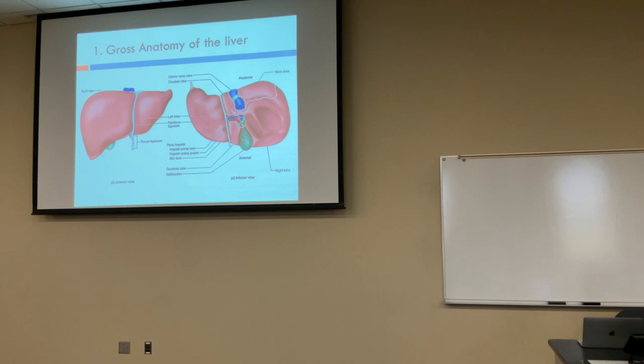To see the smaller lobes, you have to look at the inferior side of the liver, which is shown here on the right-hand side. So the smallest lobe is right in this area, right next to the inferior vena cava, which passes through the liver. This lobe right here looks like a little tail.